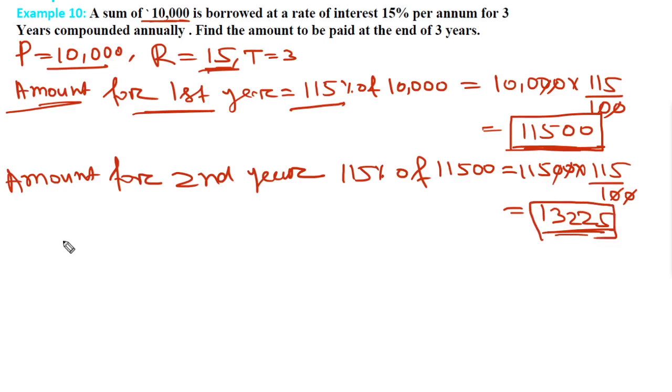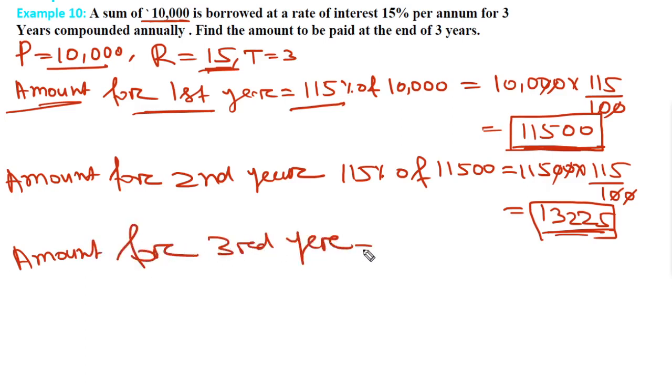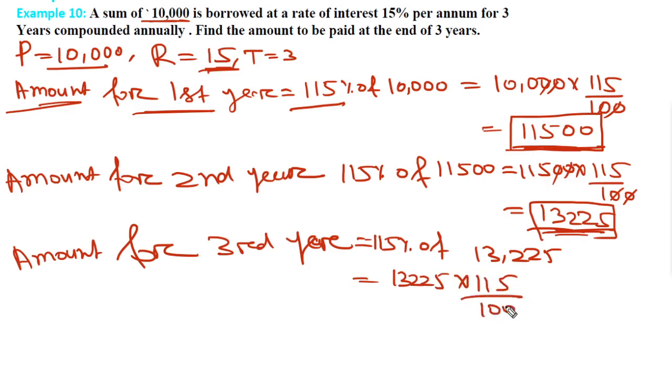Now we'll move to the third year. Amount for third year will be equal to again 115% of this 13,225. So it will be equal to 13,225 into 115 by 100.